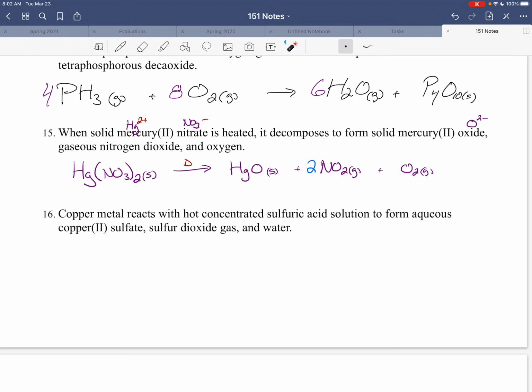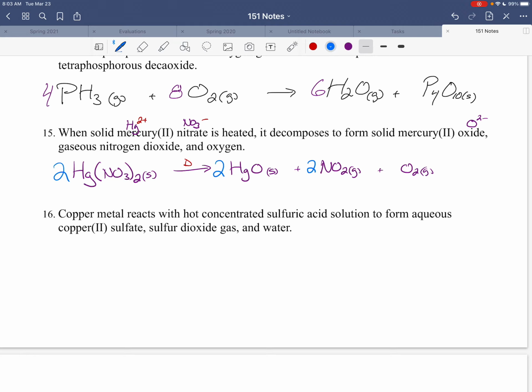So 7 oxygen on the right and only 6 on the left. That means the left has less, so I would double the left. That would mean I would put a 2 in front of mercury(II) nitrate, which means I have to put a 2 in front of mercury(II) oxide.